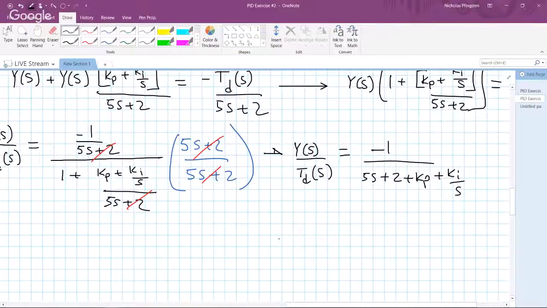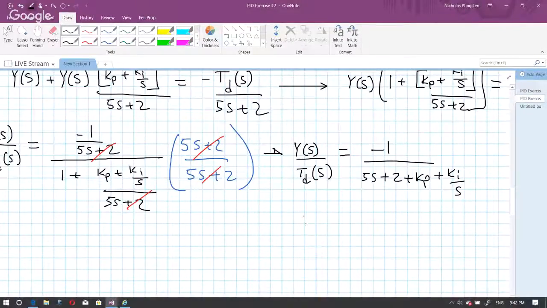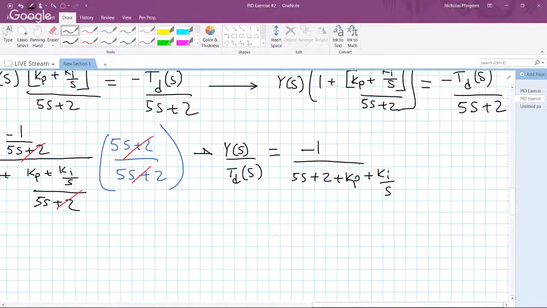So now we have to multiply the top and bottom of this fraction by s. And that's just to put it in its proper form. So we'll do that. Multiply top and bottom by s.